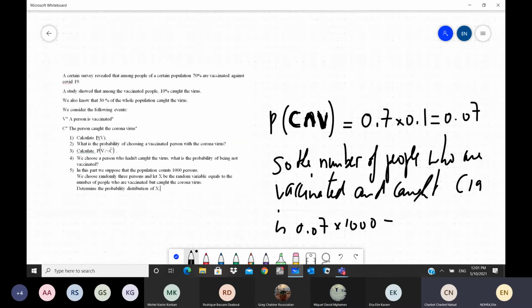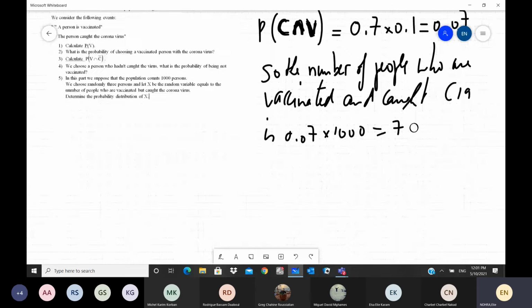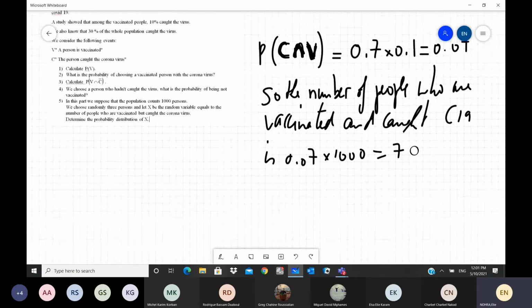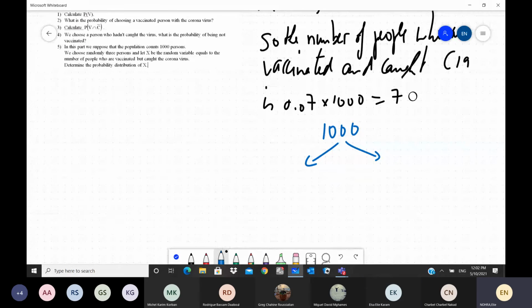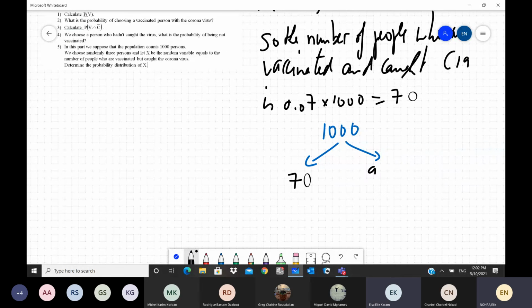Which means, before you start with the story of X being 0, 1, 2, 3 or not, the 1,000 people are divided into 2 parts: 70 and 930. Understood?